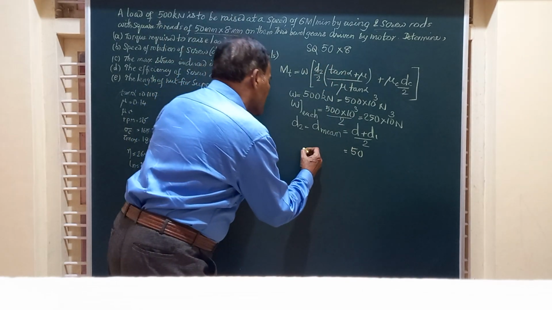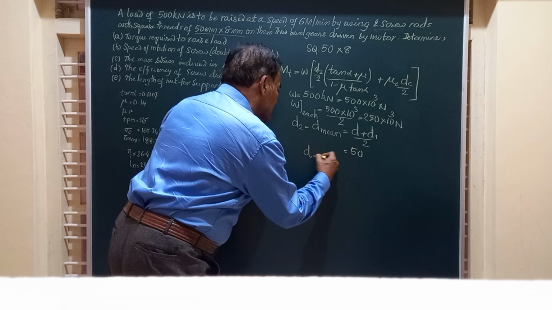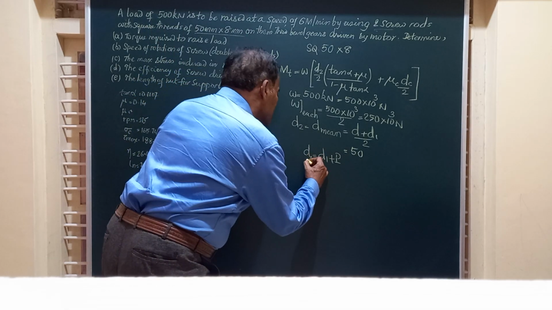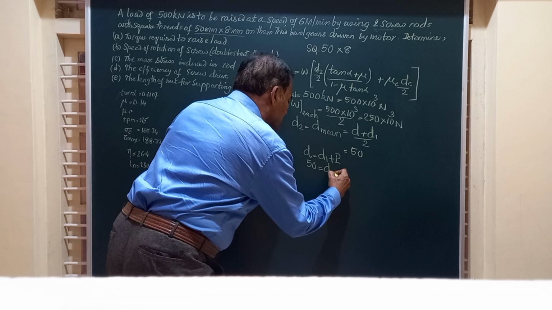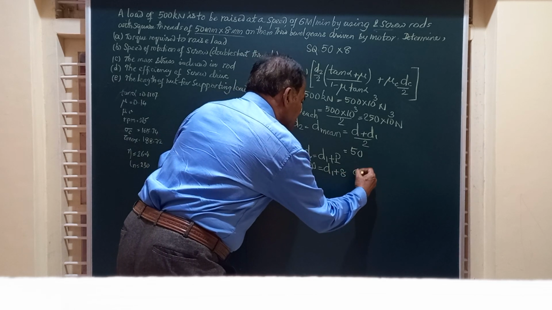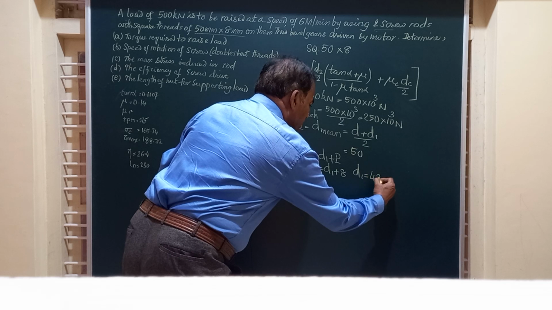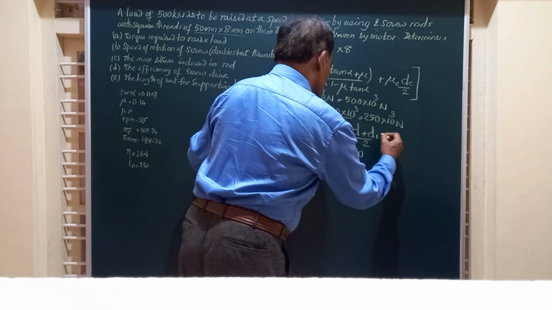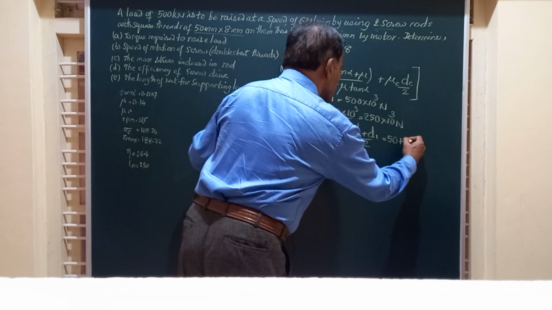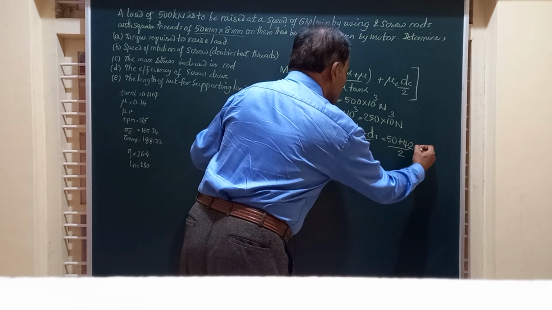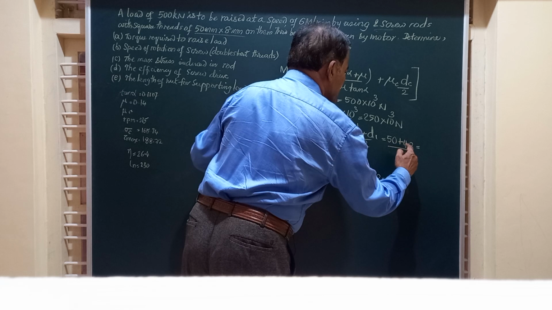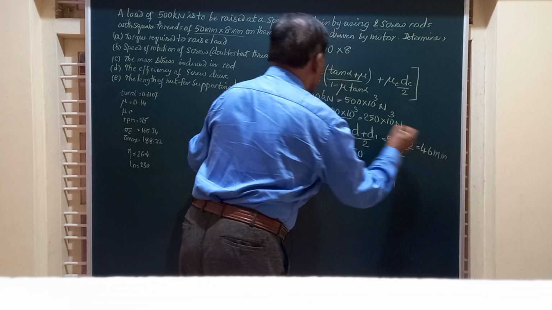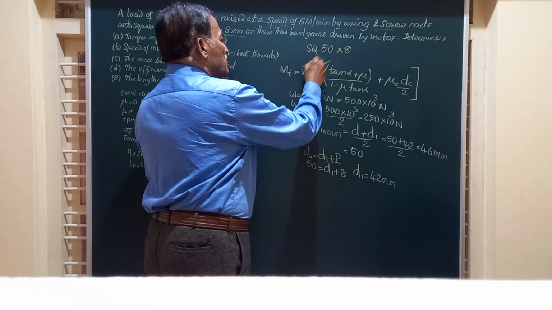You know very well that for a square thread, the outside diameter D is equal to the inside diameter plus pitch. Hence 50 is equal to d1 plus 8, and d1 works out to 42. That is the core diameter. So the mean diameter is 50 plus 42 divided by 2, that is 92 by 2, which is 46. That is the mean diameter. So we know this, and we know the load on each rod.